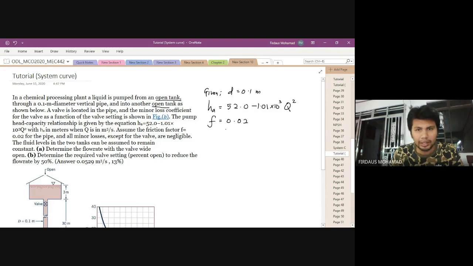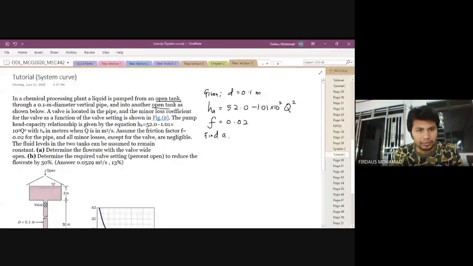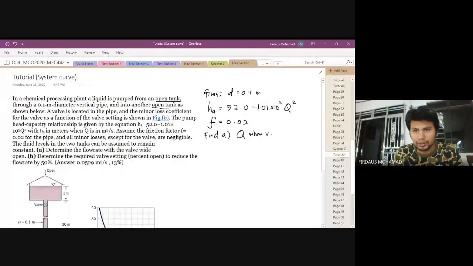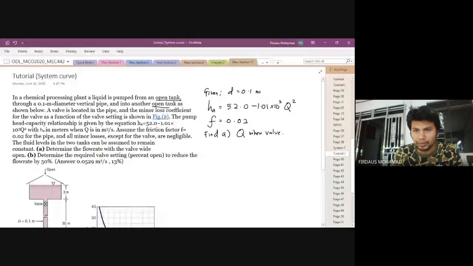Find A, the flow rate Q. Determine the flow rate with the valve open.